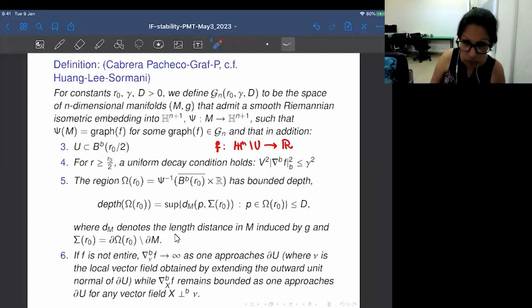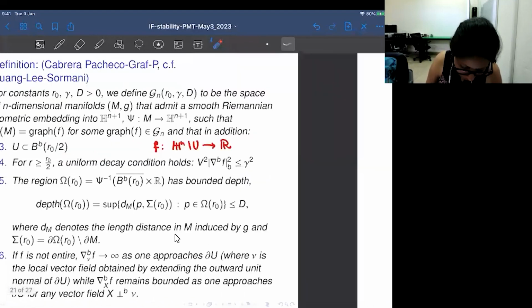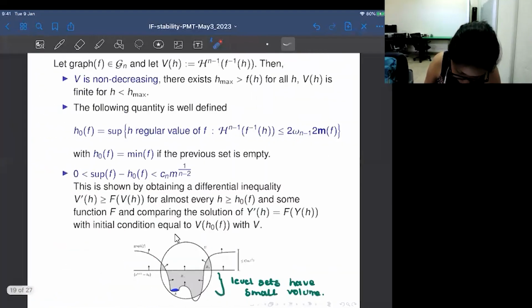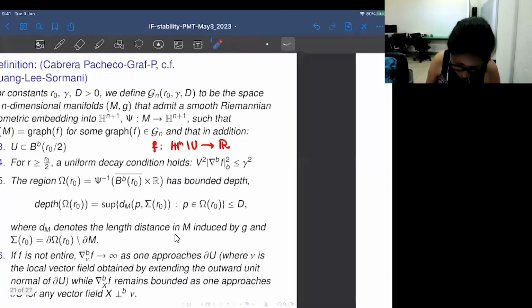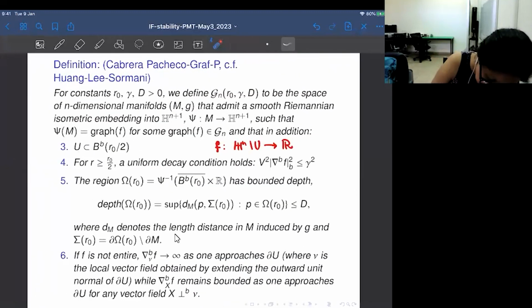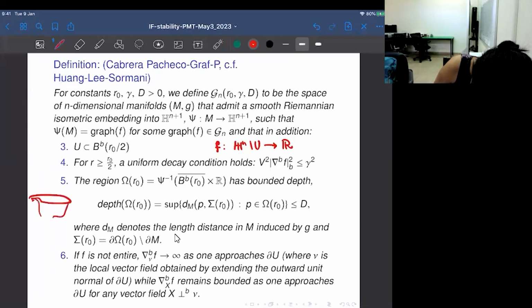So we want to define something that is called depth. I don't have the picture here, sorry. But remember that our manifolds look like this. Here I have this value, sigma R0, so it's this boundary.